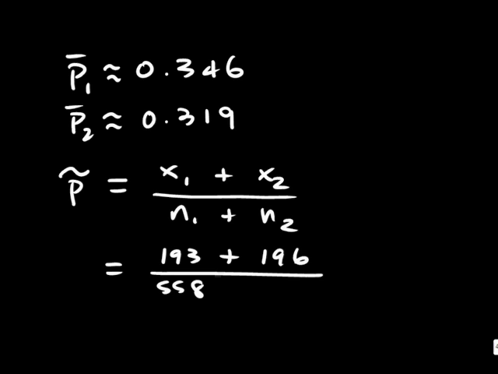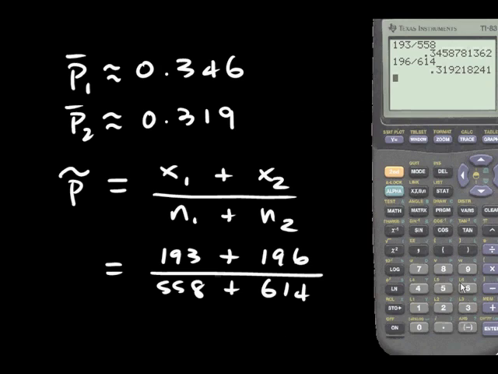Let's put this in parentheses here, a sum, 193 plus 196, divided by 558 plus 614. If we approximate this to the nearest thousandths, the pooled proportion is 0.332. The 9 says add 1 to the 1 and you get 0.332.